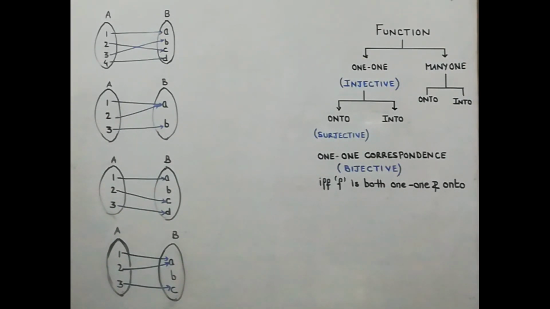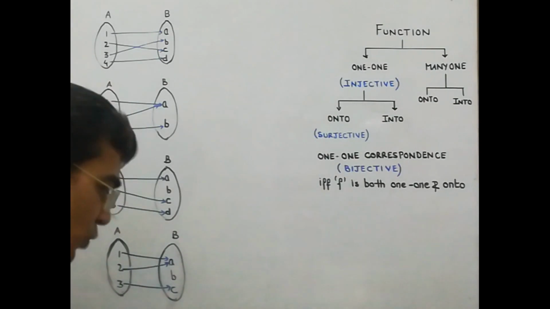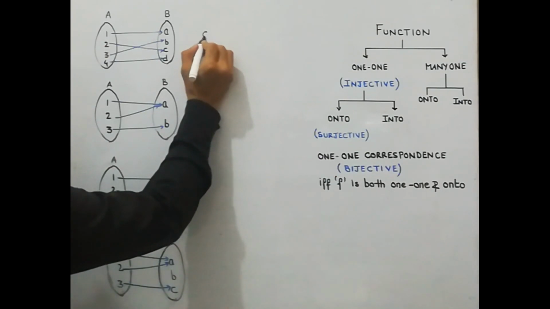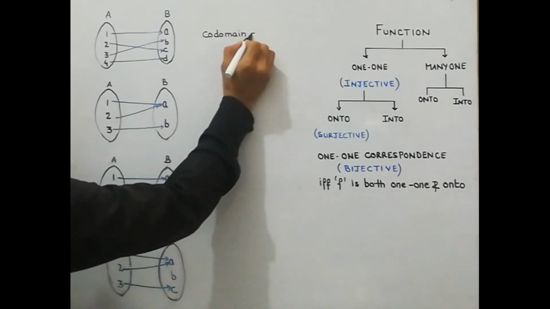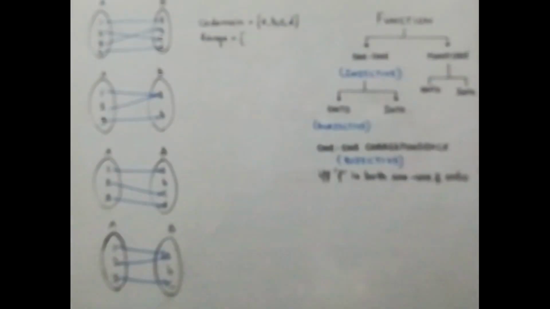In other words, if I ask you to write down the codomain, what will be the codomain here? All the elements in the second set. So you will write codomain is A, B, C and D. Now if I ask you to write the range, range means all the elements in codomain which have a pre-image.